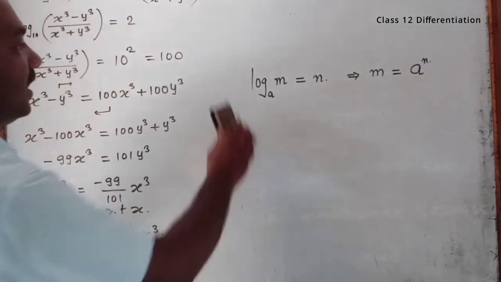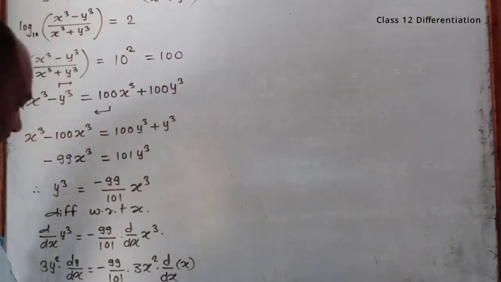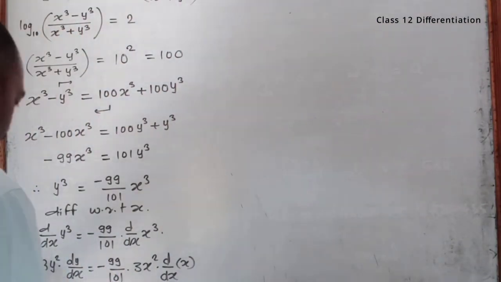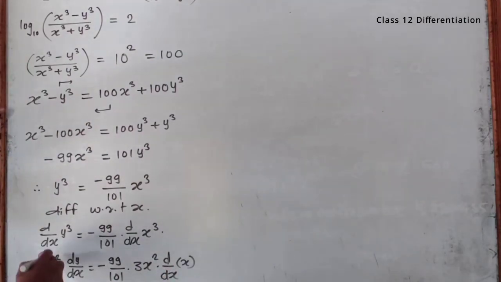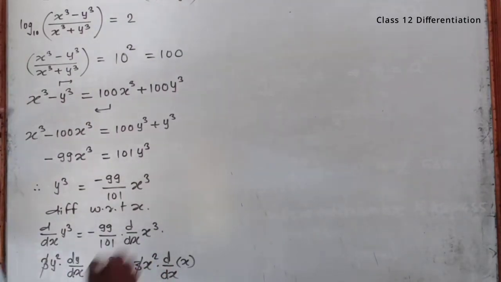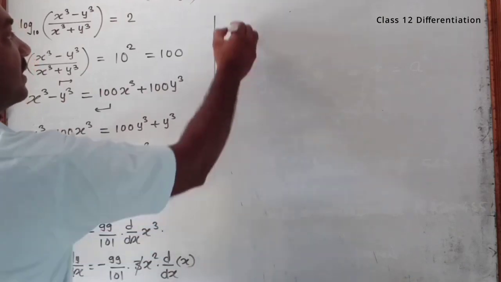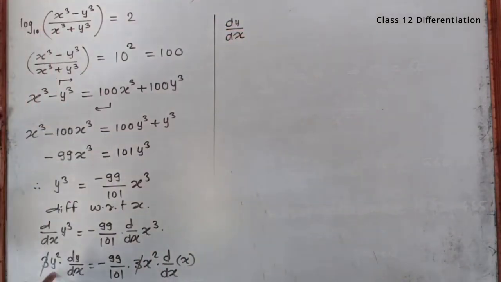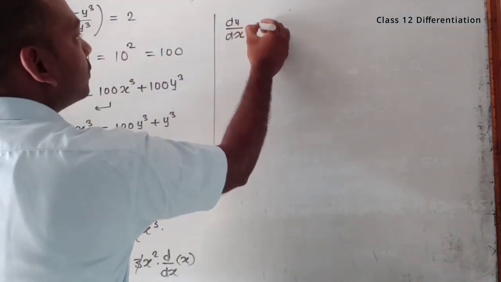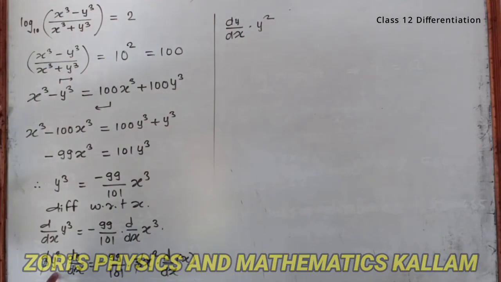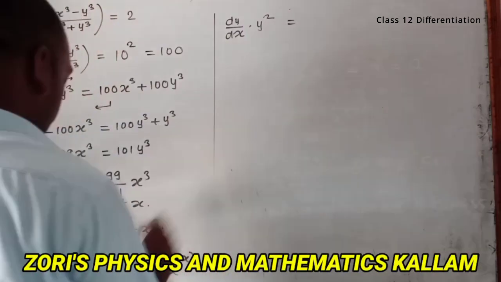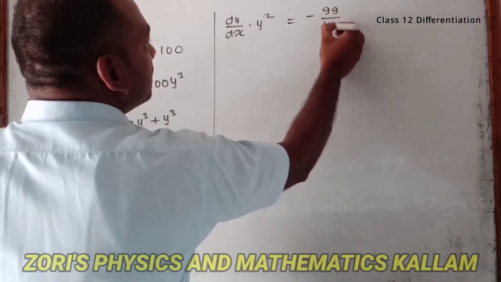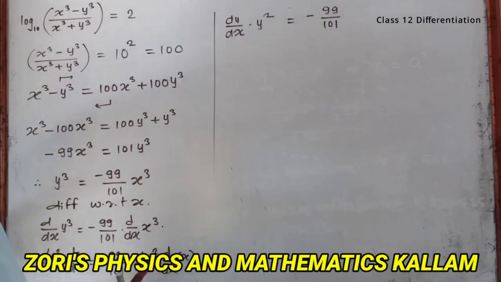Now after taking the derivative, again we have to solve this here. So from both the sides we cancel this 3. So we remain with dy upon dx into this y square, that is equal to minus 99 upon 101 into x square.